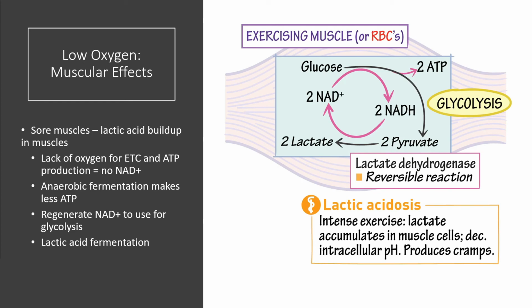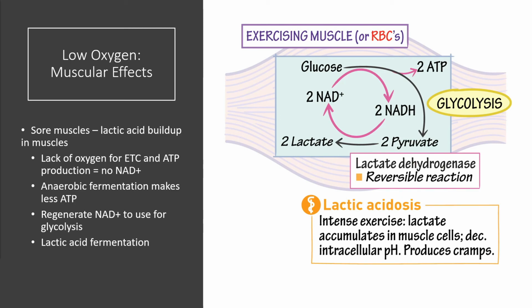So NAD+ is a required molecule in glycolysis, a process that does not require oxygen, and also is required for cells in order to survive. So without adequate NAD+, cells cannot perform glycolysis.